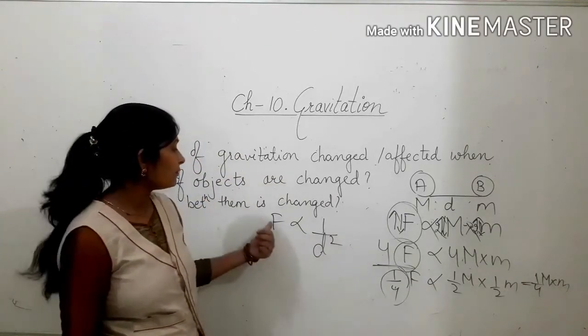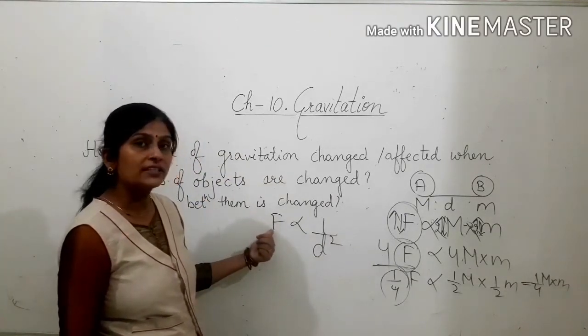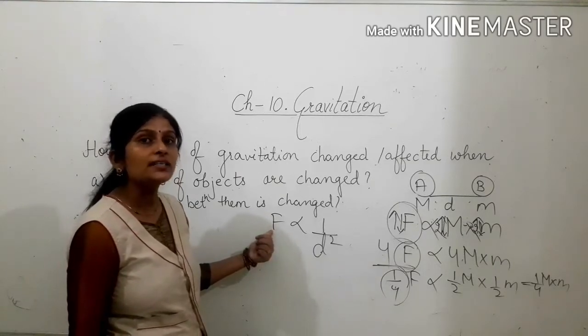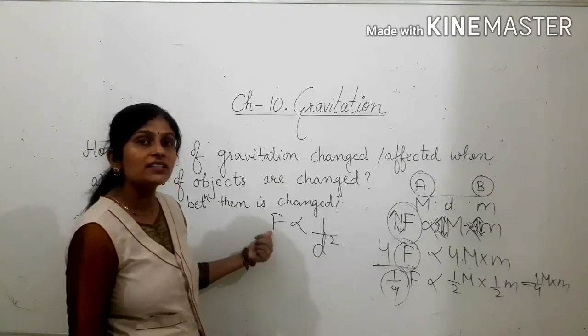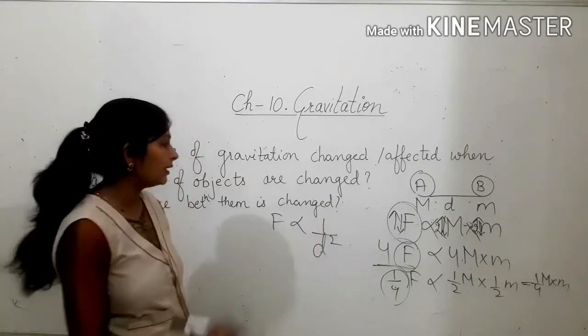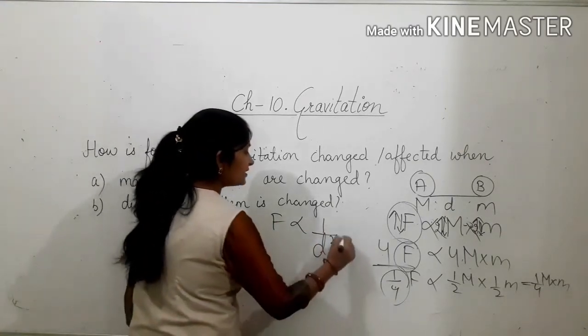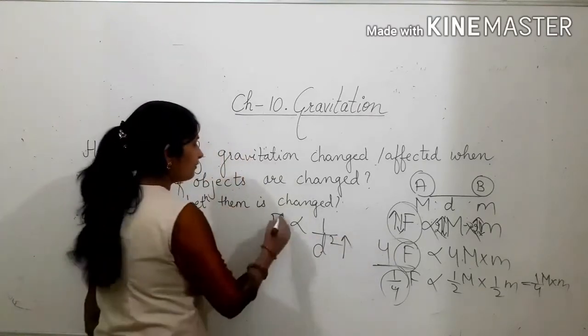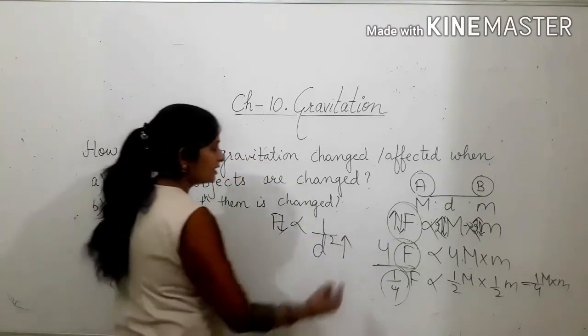It means this gravitational force has an inverse relationship with the square of the distance between them. It means if distance increases, then force decreases.